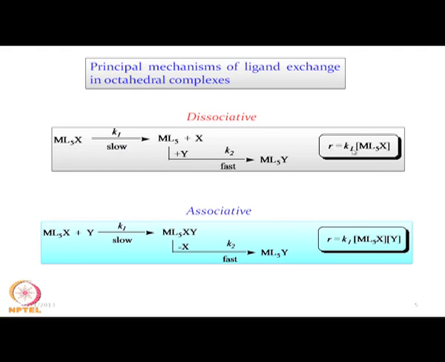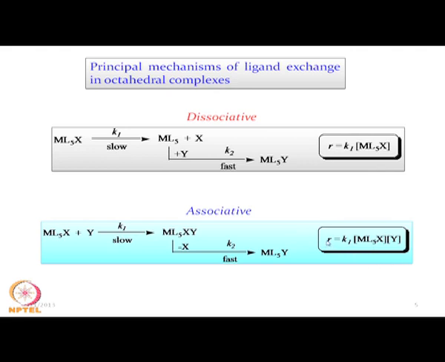That means the rate of the reaction is dependent only on the slowest step, that means the dissociation path. Similarly, since this is the slowest step, the rate of the reaction is dependent on the associative pathway, which is dependent on the rate constant K1.